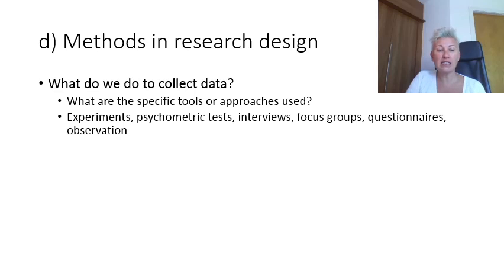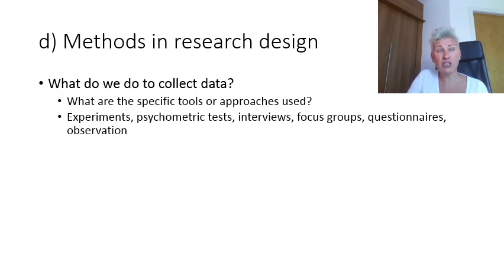So we might decide that the most appropriate approach, based on our belief that there is an objective world out there and that epistemologically we would then be focused on observable, recordable phenomena, we might design an experiment taking that kind of approach. We might use psychometric tests, or alternatively we might move towards qualitative methods like interviews or focus groups.